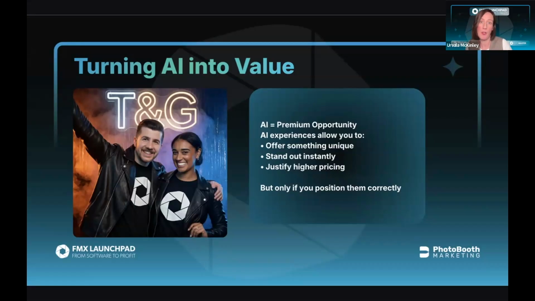So when that couple emails 3 people in the same area and 2 of them send them, here's our 2-hour package, here's our 3-hour package, here's our 4-hour package, and the only difference is in the hours that they're at the venue, and you send them, oh, well, here's 3 experiences that work really well at your venue, and you send them 3 different AI outputs that you've created in your software, showing them what it is you're going to create for them, you stand out instantly.